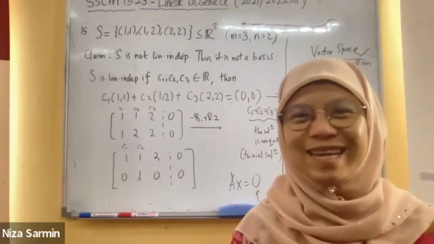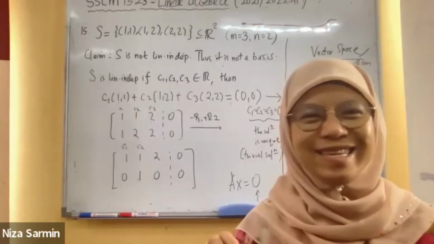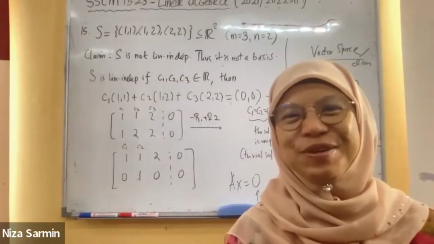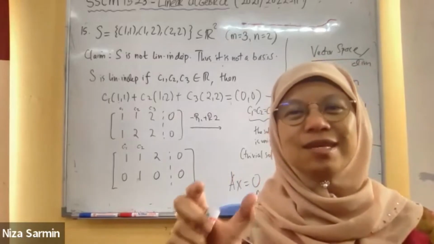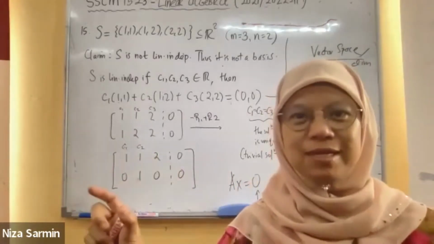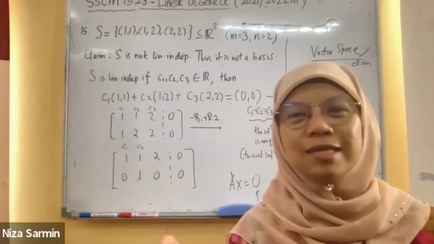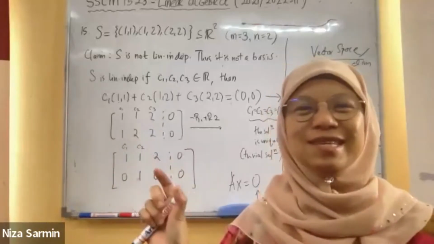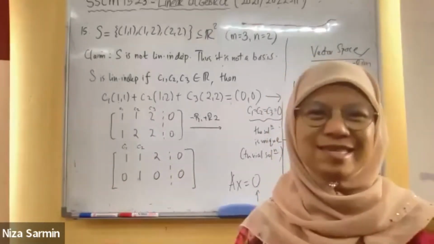You didn't say linearly independent. It's crazy, I know, but the definition says it has to be linearly independent. So you have to say S is not linearly independent, thus it is not a basis.